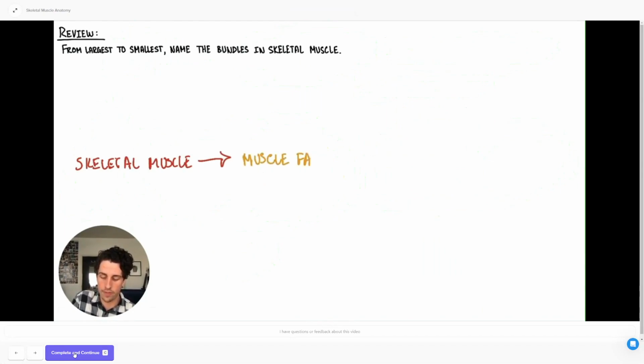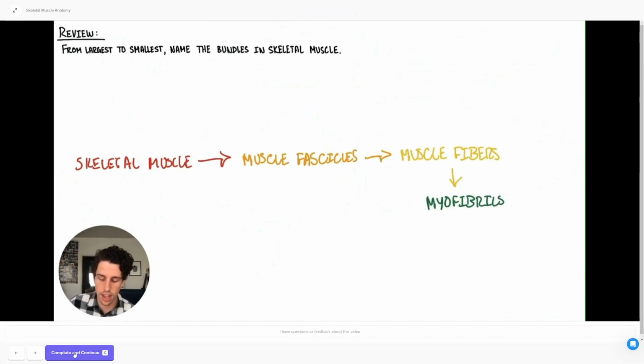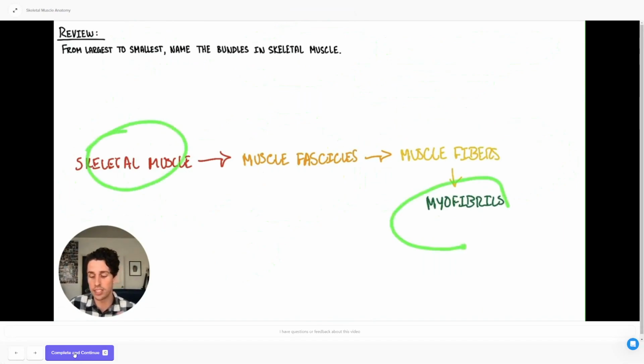And then the muscle fascicles are composed of the muscle fibers. Let's write that in. Muscle fibers. And then the muscle fibers are composed of the myofibrils. All right, so those are the 4 bundles of skeletal muscle, and we can see that it's largest to smallest right here.